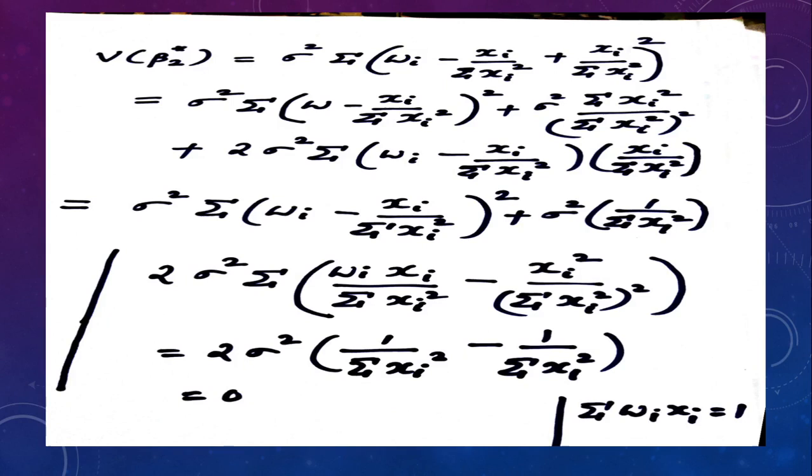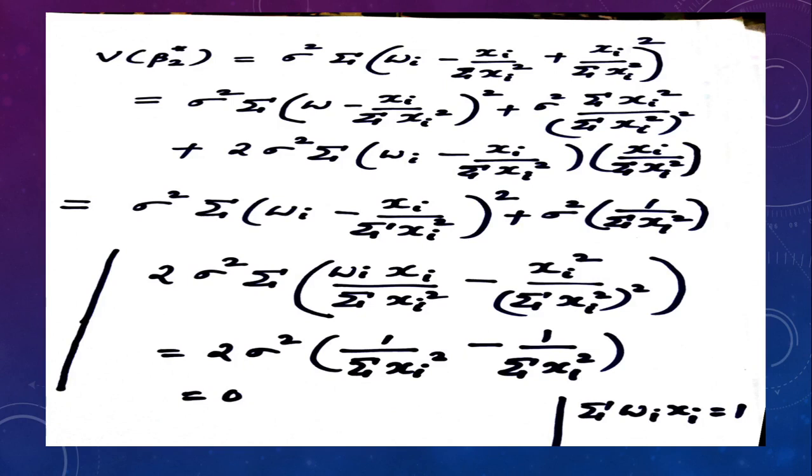And now let us look at the third term. Third term is 2 sigma square sigma (wi minus xi divided by sigma xi square) into xi divided by sigma xi square. So when we multiply these two terms, we can write like this: 2 sigma square into sigma (wi xi divided by sigma xi square minus xi square divided by sigma xi square, the whole square).